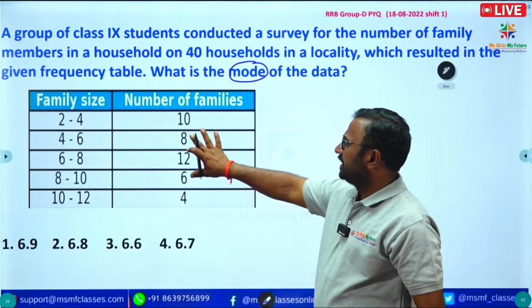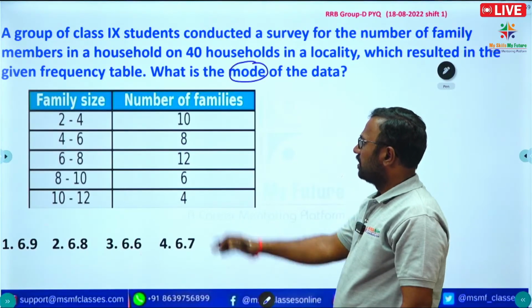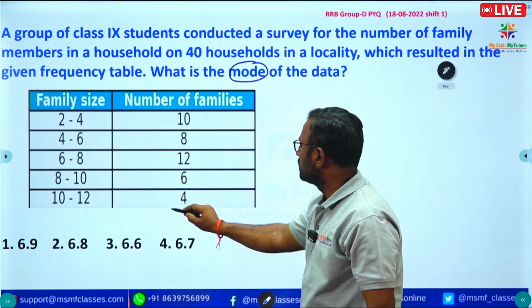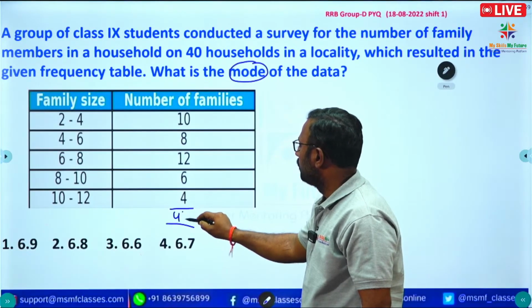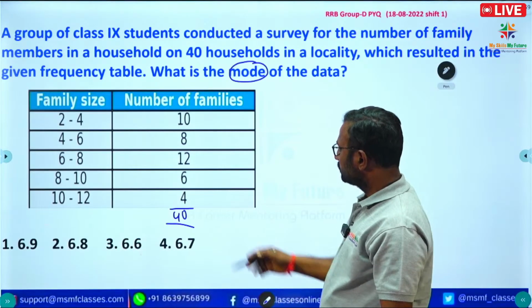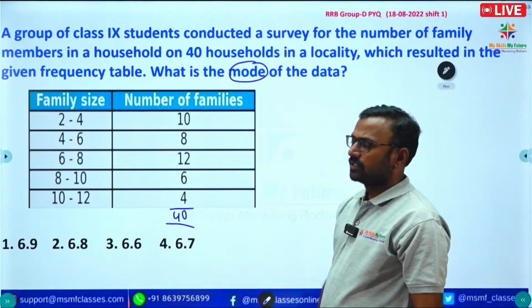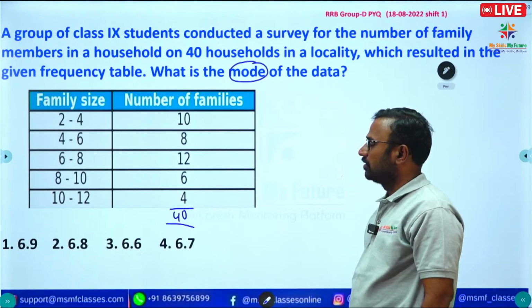See, here the data is given, class intervals and frequency are given. So out of 40 households, here we get the total: 18 plus 12, 30 plus 6, 36 plus 4, 40. So the total is data of 40 families.